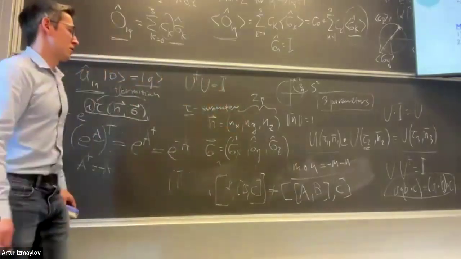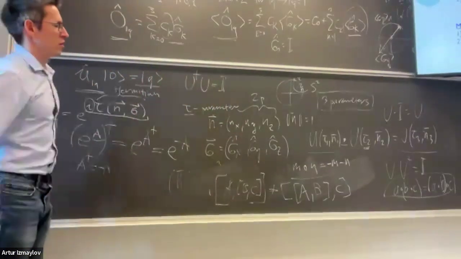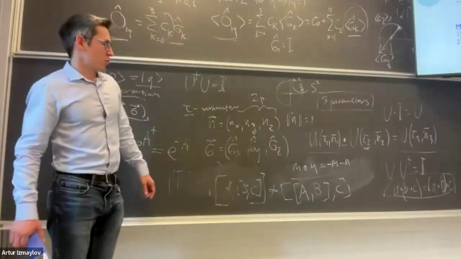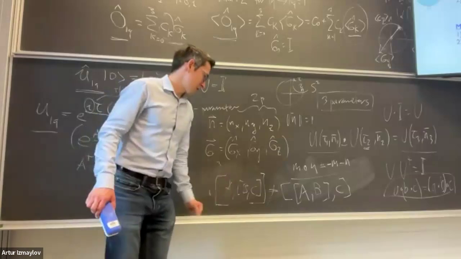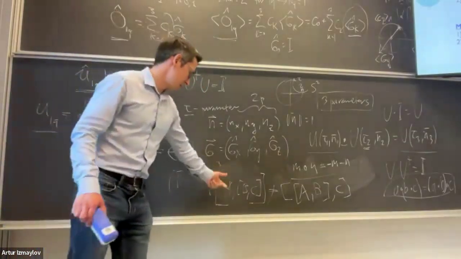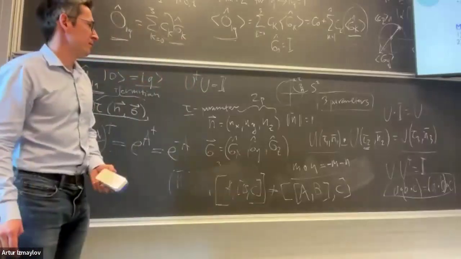And so this is not the case. And we'll see what we have for the commutators as a substitute for associativity, but commutators are not associative. So you cannot build a group based on the commutators.